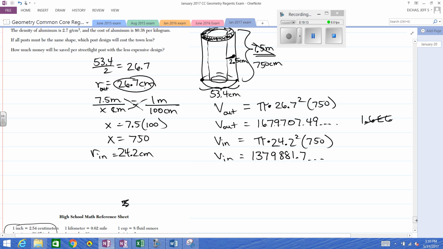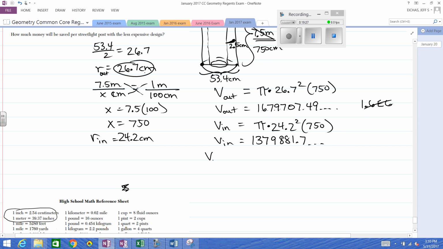All right. There's a few ways to handle this right now. We could apply the cost right now, or we could just figure out how many cubic centimeters there are. Let me just do that. So the volume of the post for the cylinder is, we're going to subtract those.